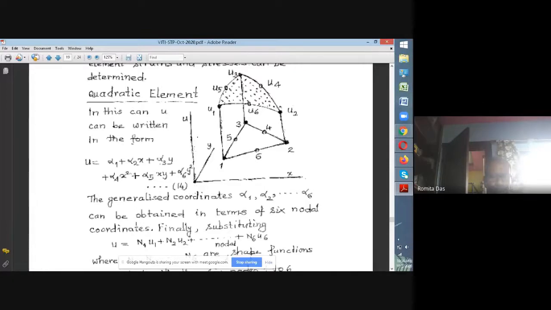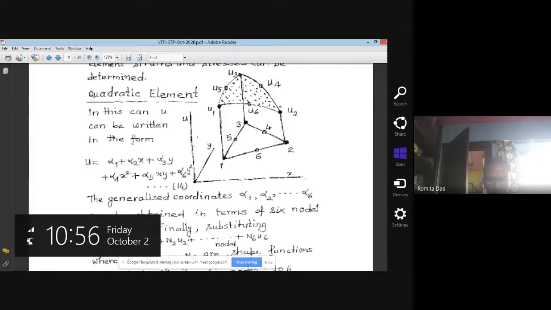You take 6 nodes, you can have 6 u displacements, 6 v displacements, and therefore you have a choice of a second order polynomial for the triangle. It involves 12 generalized coordinates: alpha 1 to alpha 6 for the u function, and similarly for the v function we have another 6 generalized coordinates. So this is the quadratic element.